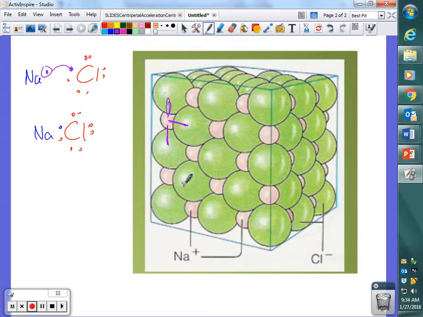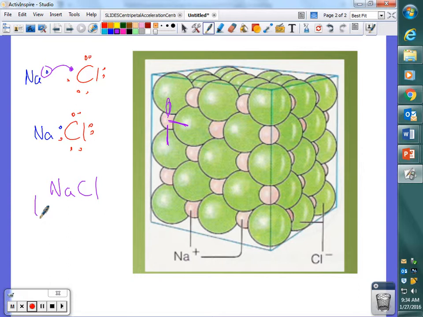Okay? Does that make sense? Within that structure, there is an even number of sodiums and chlorines, but you can't really say this one's attached to that one or vice versa. Okay? So, we say that this is the formula for sodium chloride, the ratio of sodium to chlorine.